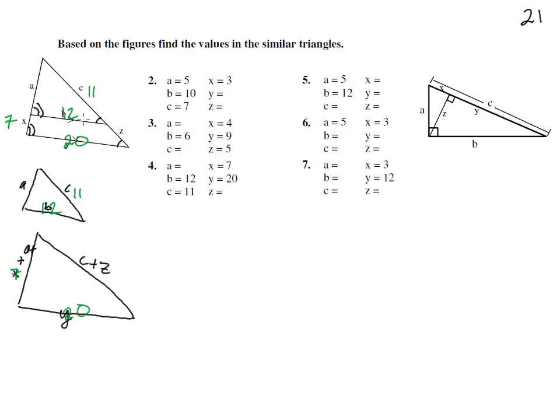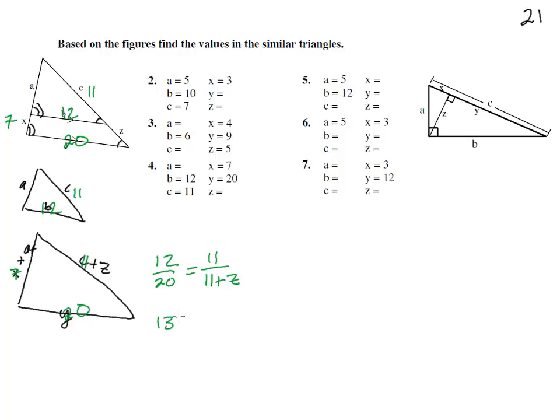So 12 is to 20 as 11 is to 11 plus Z. So you can see that right in here. Let's multiply both sides by this 11 plus Z and the 20, cross multiply if you will.